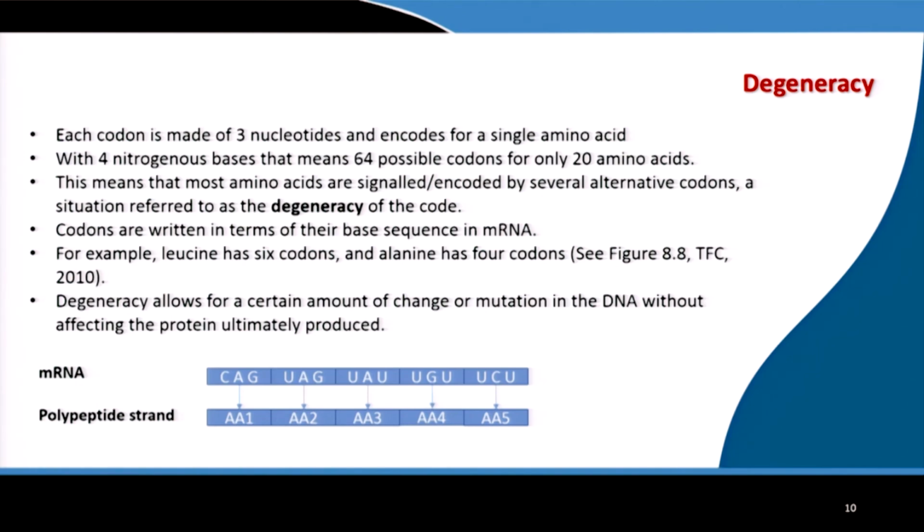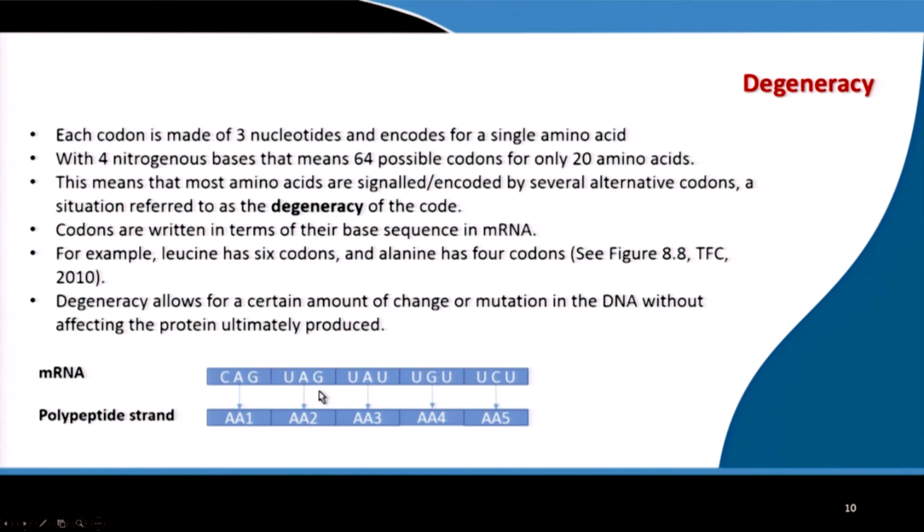Now, nature has built-in defenses, and it doesn't allow just one thing to be made in only one way. So there is what is called degeneracy in the code. Let's take an example here. Each codon is made of 3 nucleotides. In the messenger RNA, we have a whole sequence of nucleotides, and each sequence of 3 nucleotides is called a codon.